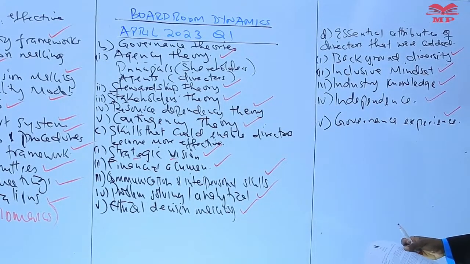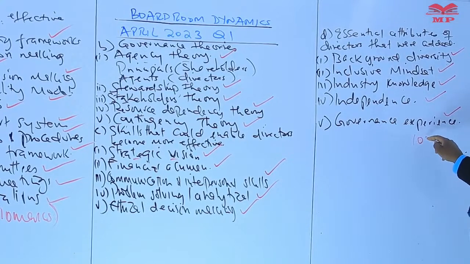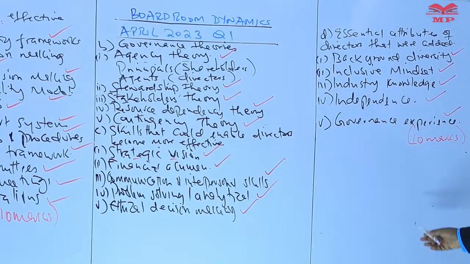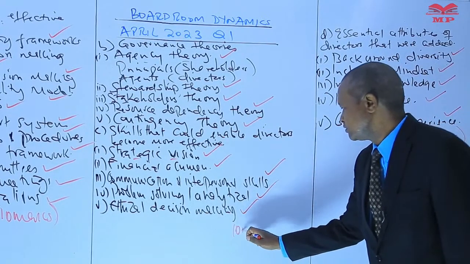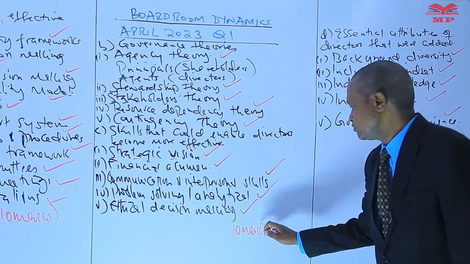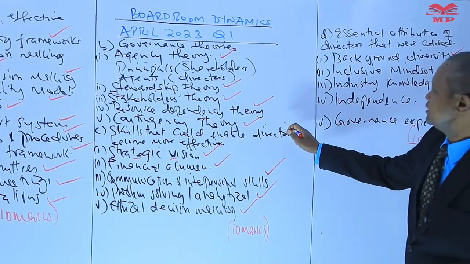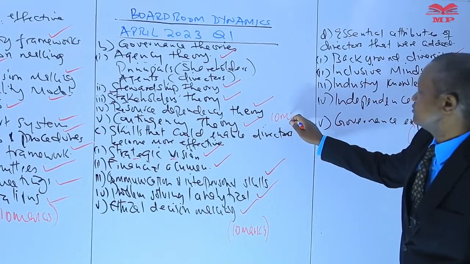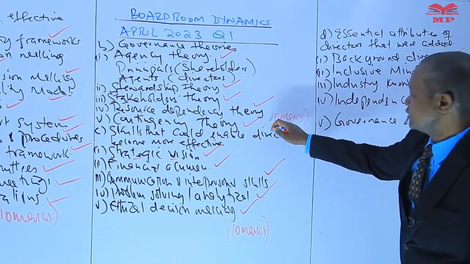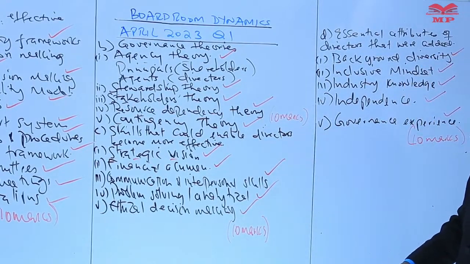This should earn 10 marks. So these are 10 marks. Part C, 10 marks. Part B, 10 marks, giving us a total of 40 marks.